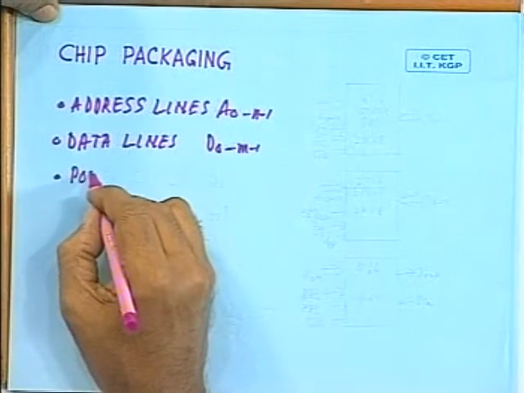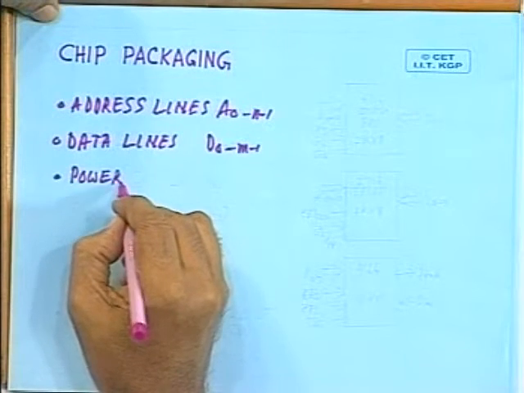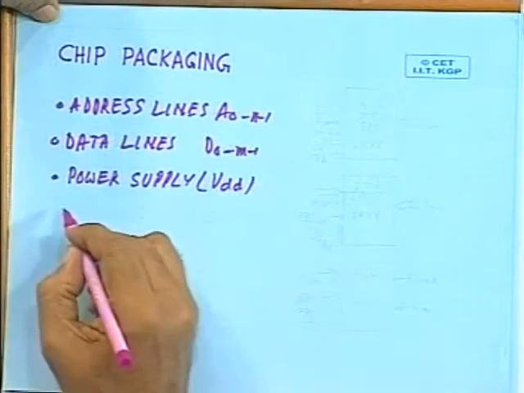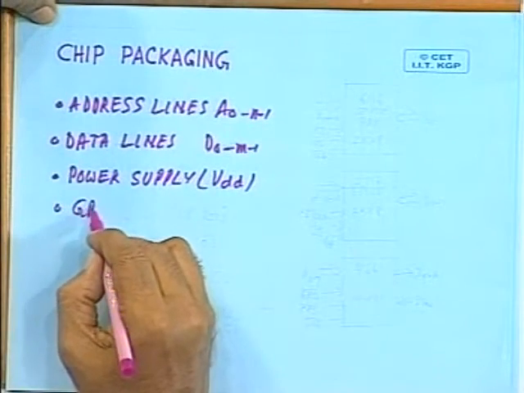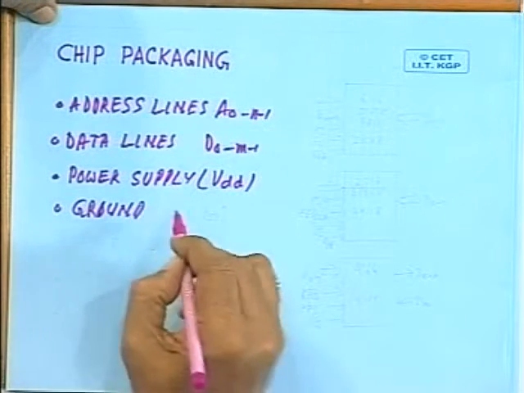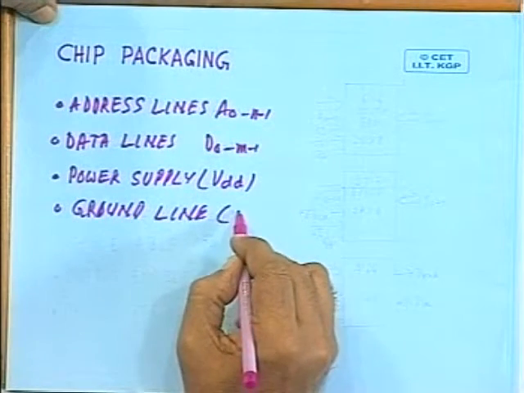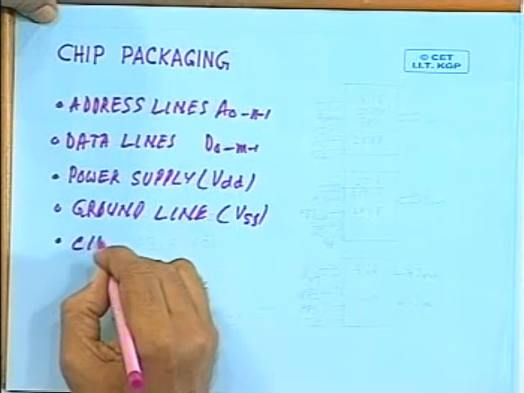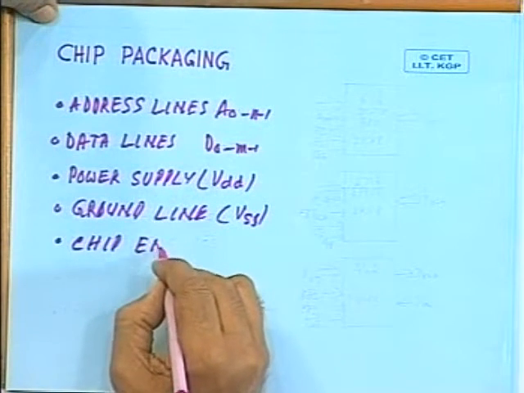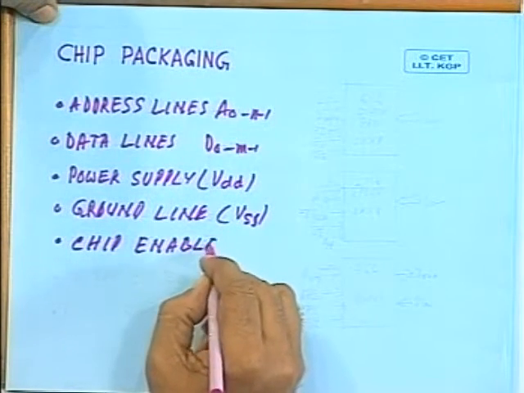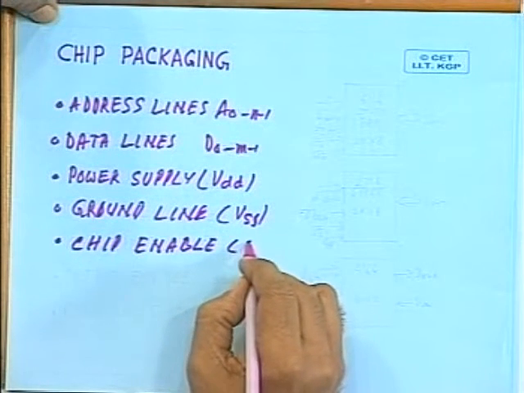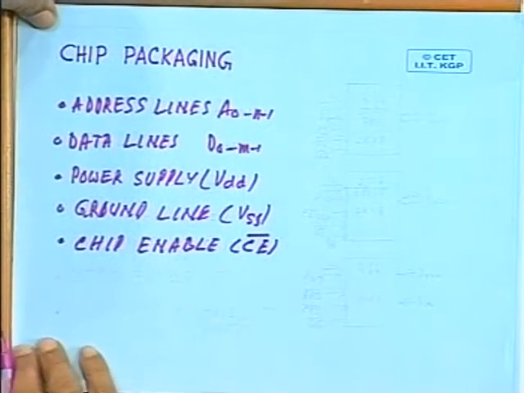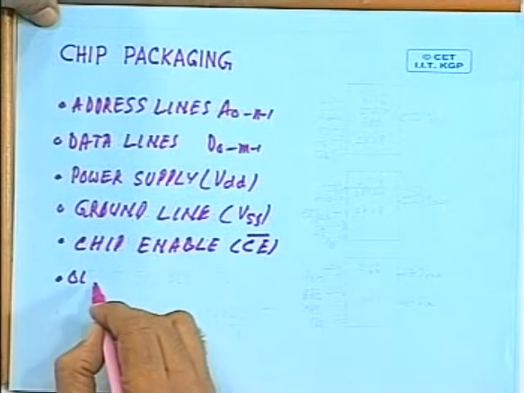Then you have to provide the power supply line, VDD, and the ground line, say VSS. Then you will require a chip enable line, because in a single system there will be a large number of chips connected, and at a time only one of the chips will be selected.